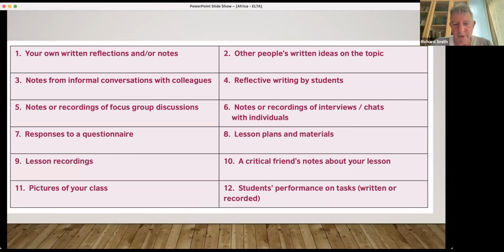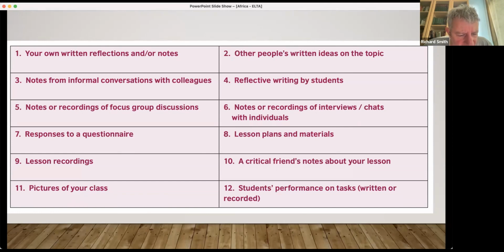You can chat to students if you can interview students. And Sandrine says number 3. Yeah, definitely. If you're going to be asking colleagues what they think about a particular situation, yep. And you're saying 7. Yes, questionnaire for sure.